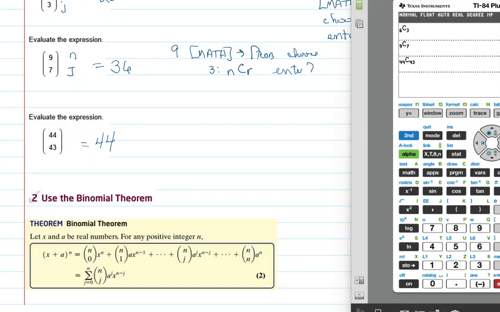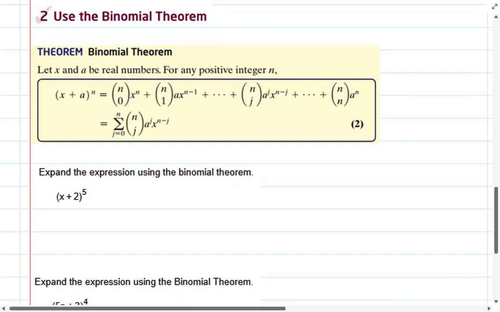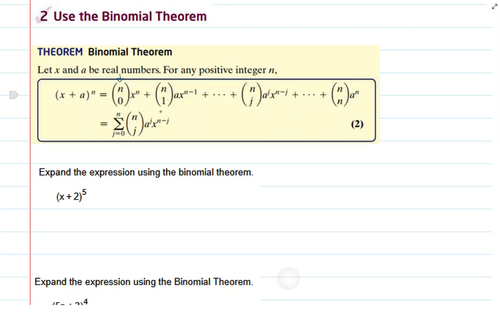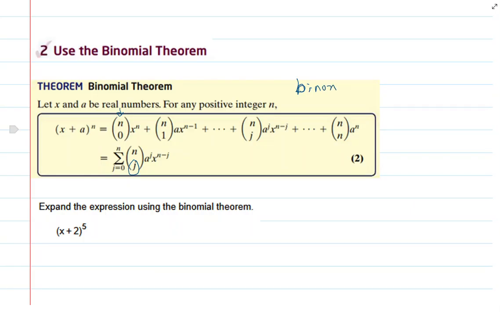All right, very good. Okay, now here, let me put the calculator down. On this guy right here is the binomial theorem. Notice that it has n over 0, 1, and so forth, till we get to our j, the last one in that exponential. This is in reference to a binomial raised to that power, to the n minus j.